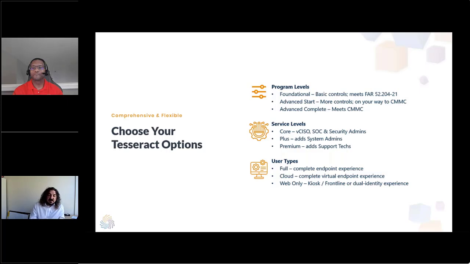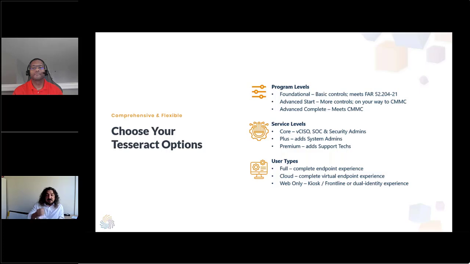And even when we do, there are different levels of investment that are necessary for those personnel or those systems. So we've got 3 different program levels for folks who are just looking to confidently self-attest that they're level 1. We have our foundational service for people who want to get rolling but are still hesitant to make the full investment until they know for sure that the rules are going into their contracts.